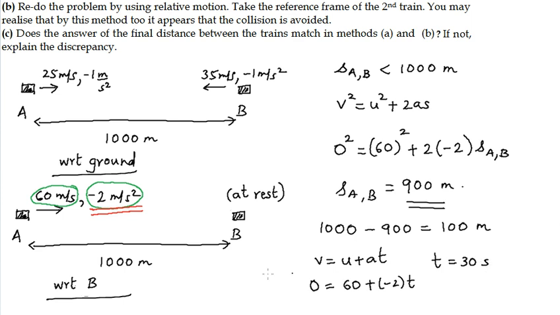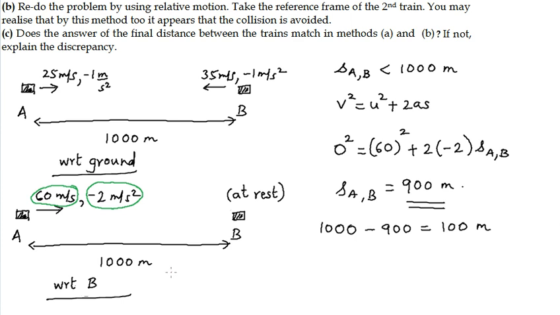Now this would mean that under this particular assumption, that is, the acceleration of train A is −2 meters per second squared throughout the process, the process lasts for a total time interval of 30 seconds, and after the end of the process both trains are at rest relative to each other, and since the two trains have traveled a total distance of 900 meters, the final distance between them is going to be 1000 minus 900, which is of course 100 meters.